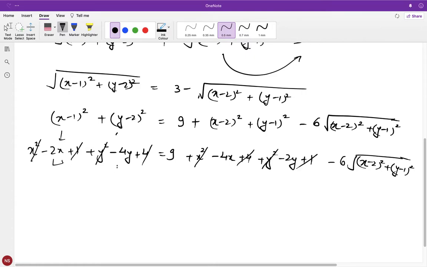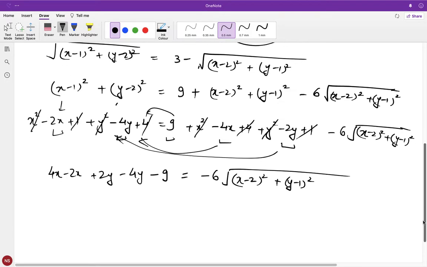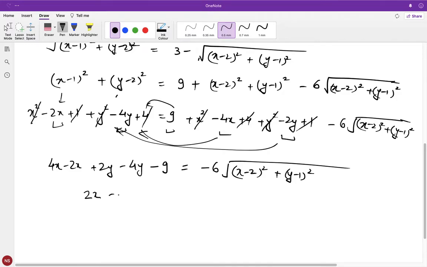So minus 2x minus 4y is equal to 9 minus 4x minus 2y. When you bring these over here, all of their signs will be changed. So 4x minus 2x plus 2y minus 4y minus 9 is equal to minus 6 into this. So 4x minus 2x is 2x minus 2y minus 9 is equal to minus 6 of this.